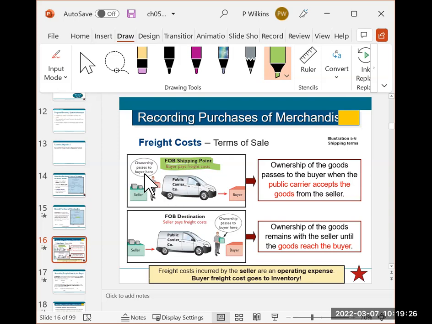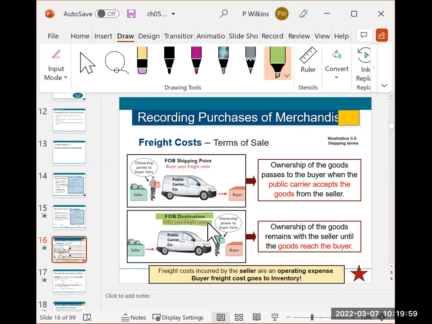So when it's FOB shipping point, the buyer takes ownership of the item as soon as it's put on the truck. That means if it takes 3 months to get here and you bought it, you own it the minute it goes on that truck. So if it's not in your warehouse and you're doing an inventory count, you still have to count what's on that truck because you legally own it, okay? If it's FOB destination, that means the seller is paying the freight.